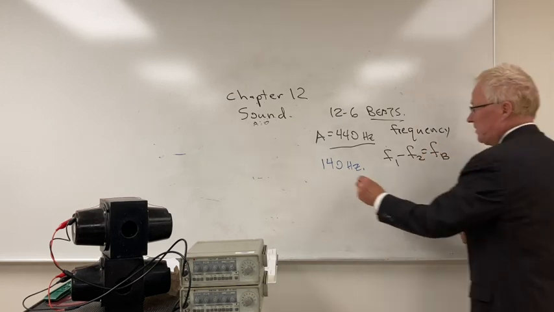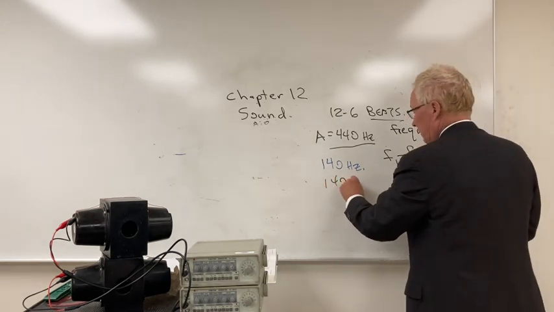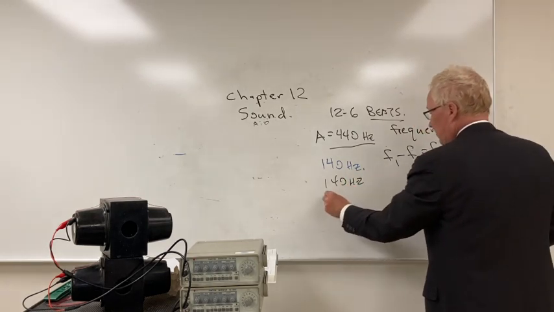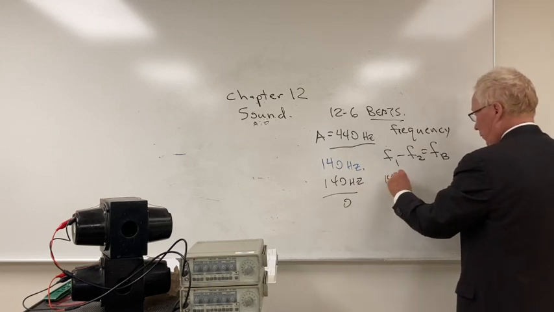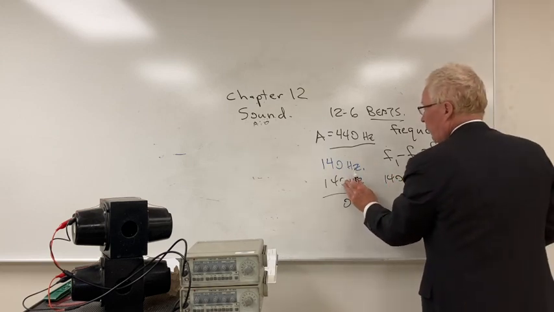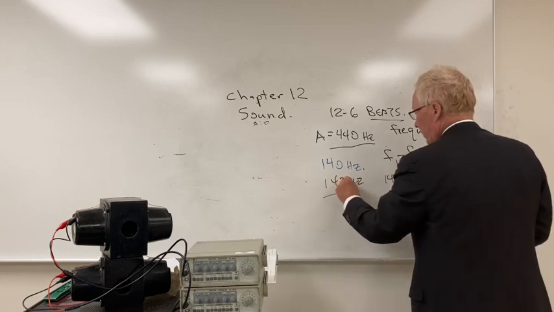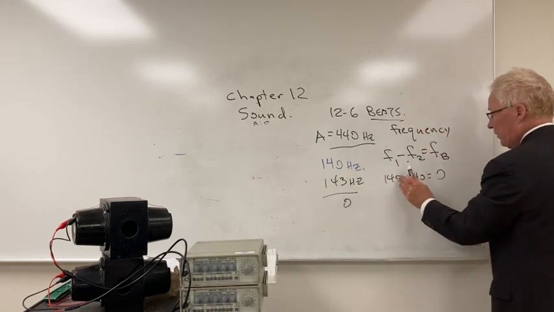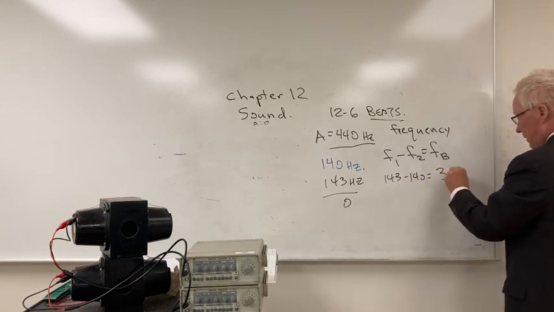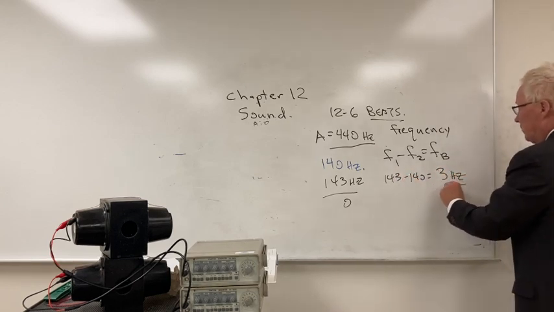So if the two are exactly 140, then the difference is going to be 0. So 140 minus 140 is 0. But if one is, say, 140 and the other is 143, we'll hear a beat frequency of 3 hertz.